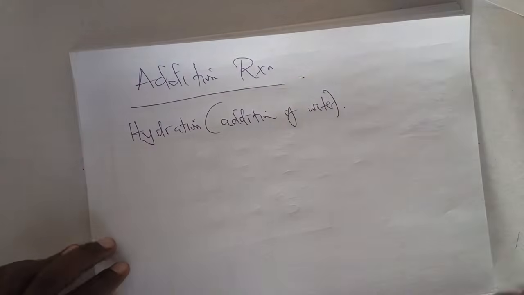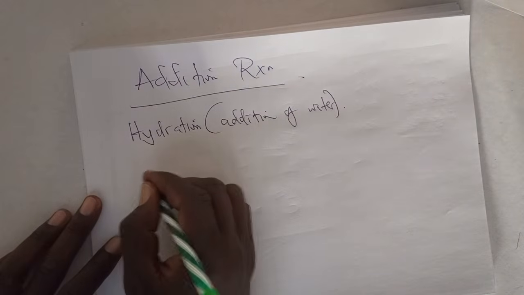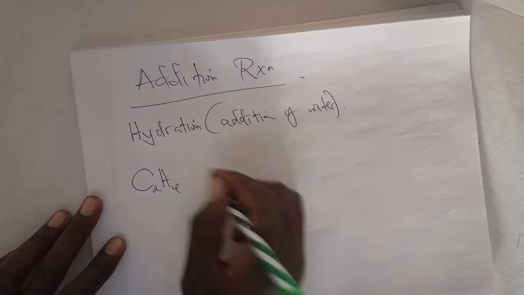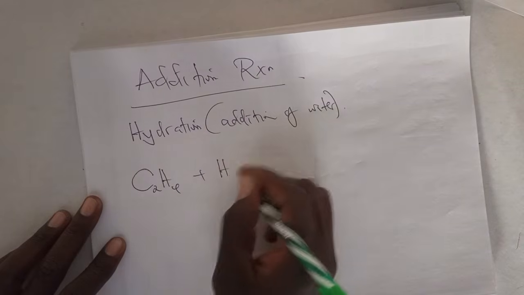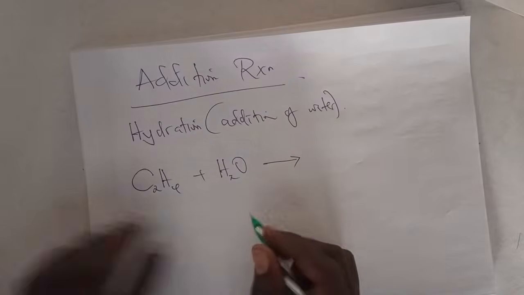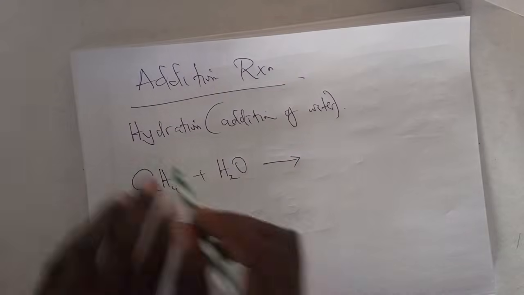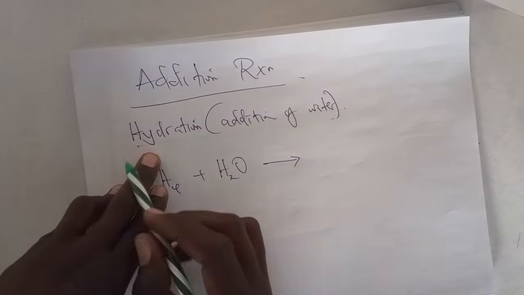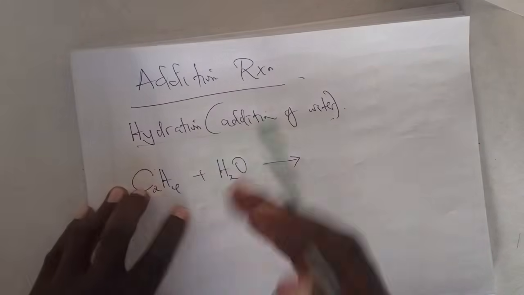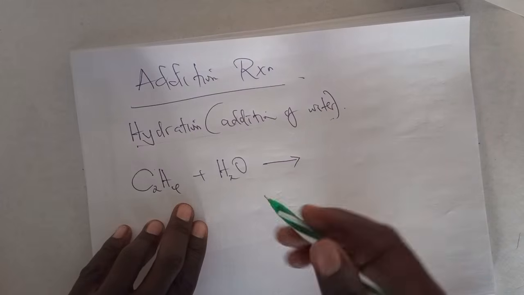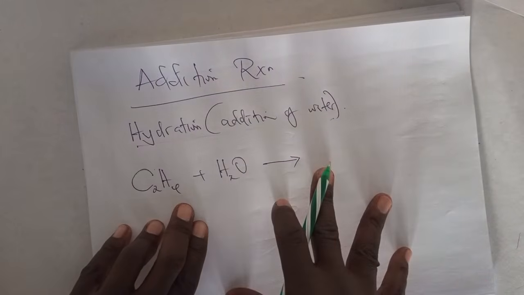For example, we pick ethene, which is C2H4. We react it with water, and this is going to give us something. Hydration of alkenes basically means that alkenes react with water to give an alcohol.